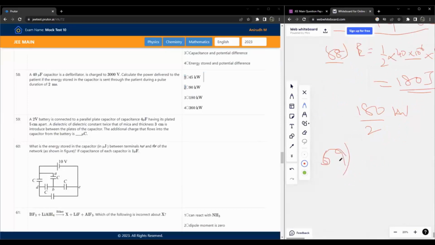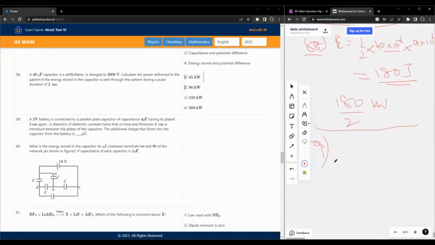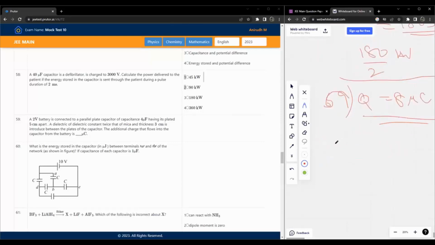59, a 2 volt battery is connected to a parallel plate capacitor of 4 microfarad. So yeah, Q is basically, at first it's CV, where you have this is 8. And then C dash is going to be epsilon naught A by D minus T into 1 minus kappa.